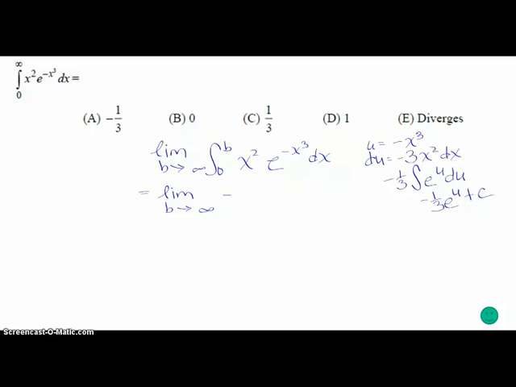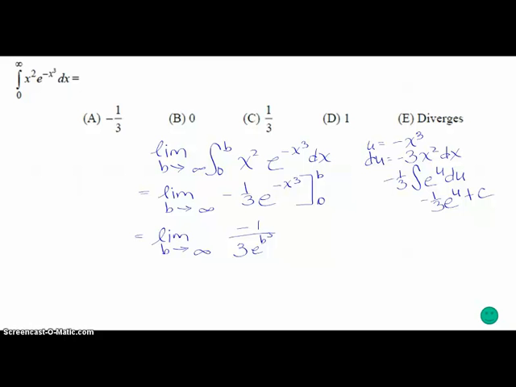So our antiderivative is negative 1/3 e to the negative x cubed, and we're evaluating from 0 up to b. So fundamental theorem, every step of the way, ladies and gentlemen, you better be putting your limit notation.